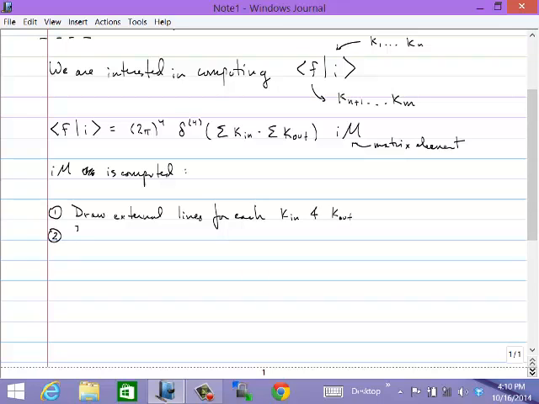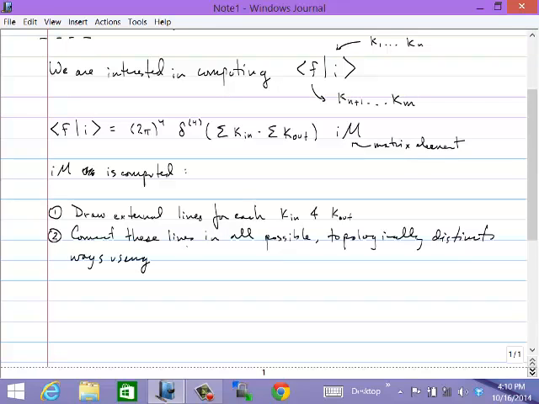And then you connect the lines in all possible topologically distinct ways using the interaction vertices. So, for example, in a phi cubed theory, the interaction vertex would be a trivalent vertex like this.